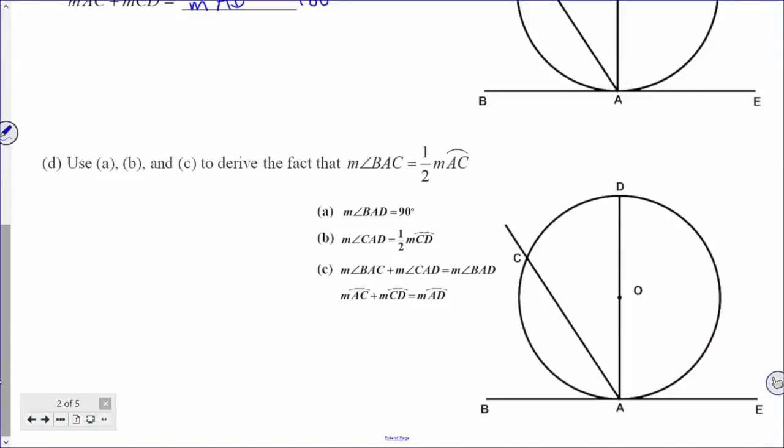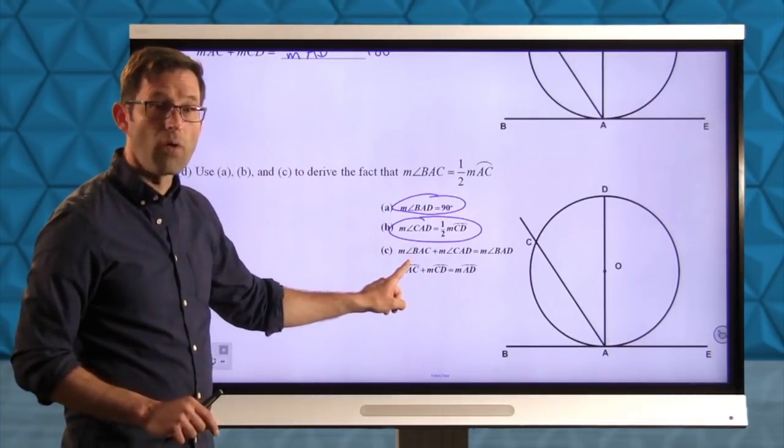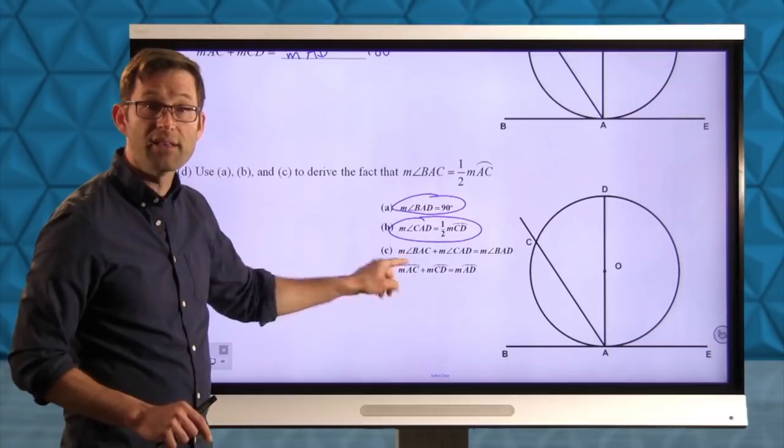All right, what did we learn? In letter A, we recalled that the measure of angle BAD was 90 degrees. In letter B, the measure of angle CAD is 1/2 the measure of arc CD. And in letter C, we had that the whole is the sum of its parts. Now at the end of the day, what I'm trying to do is solve for the measure of angle BAC.